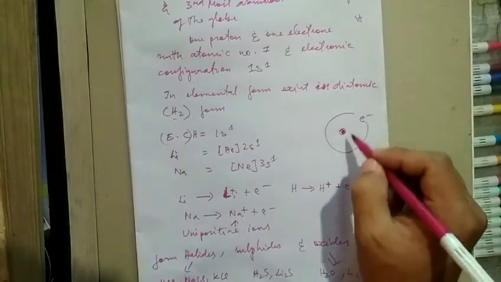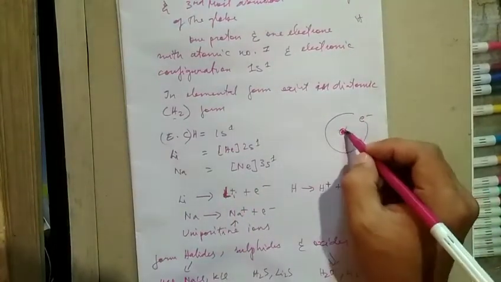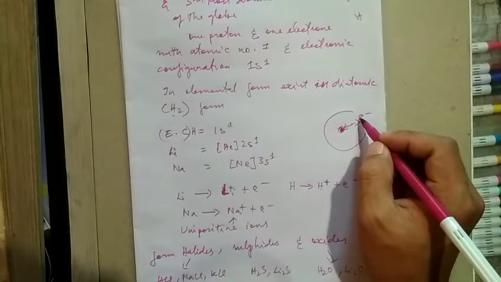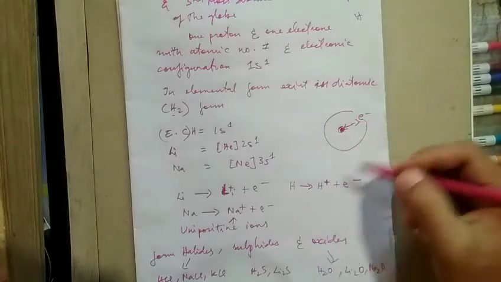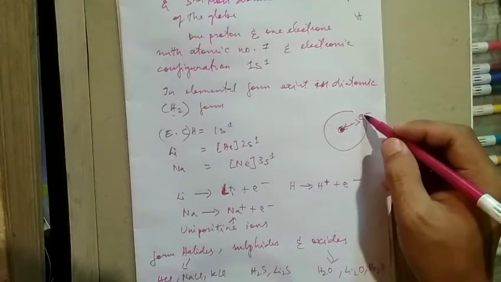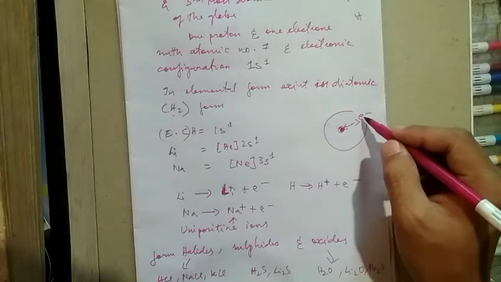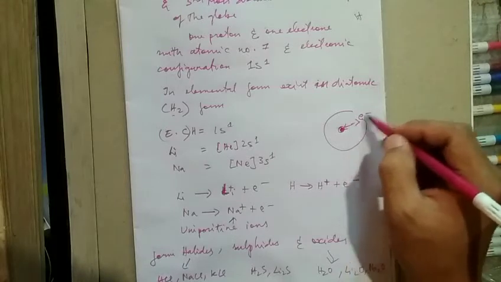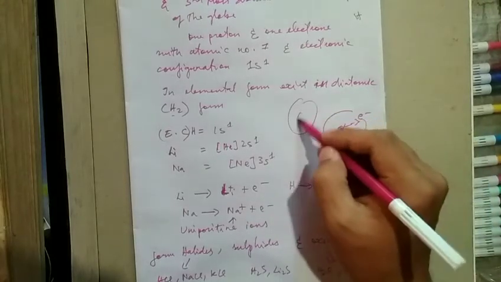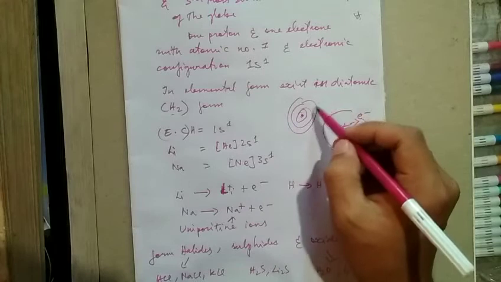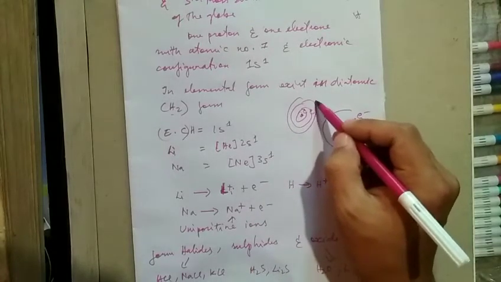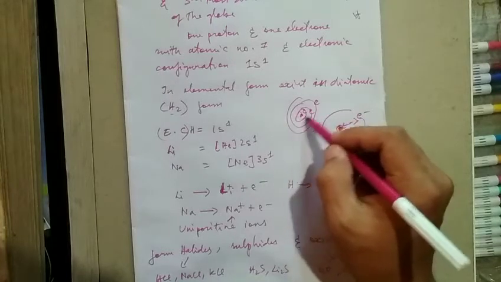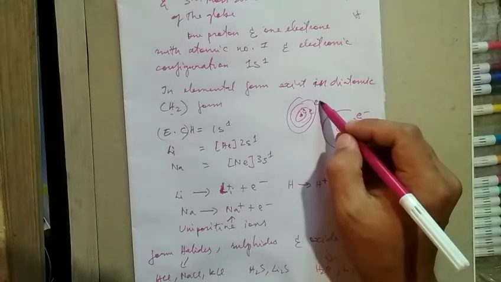In hydrogen only one electron is present, so there is a strong force between the nucleus and the electron. Ionization enthalpy means removal of the outermost electron from an isolated gaseous atom, so it becomes difficult. Whereas other elements have a number of shells, and there is a shielding effect also, so it becomes easy.